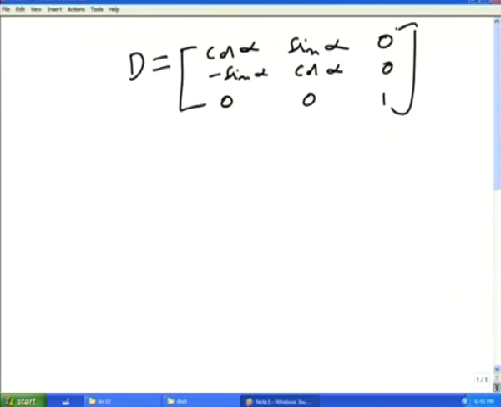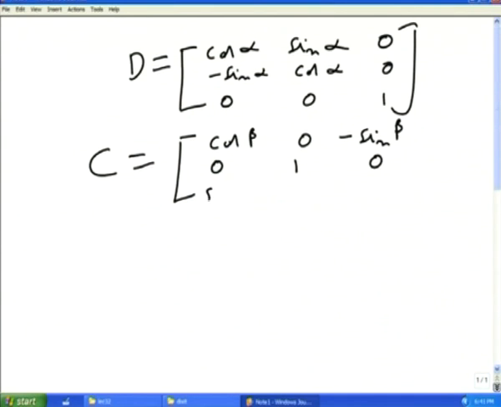Then the rotation about another axis can be specified by C equal to cos beta, 0, minus sin beta; 0, 1, 0; sin beta, 0, cos beta.